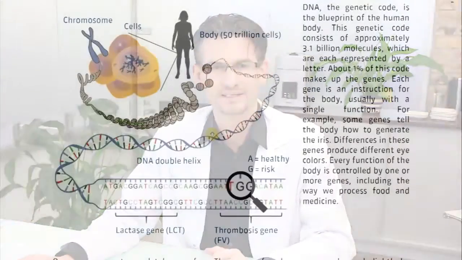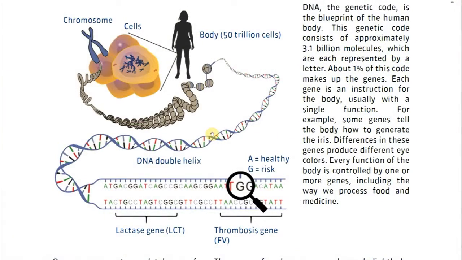The human body consists of around 50 trillion individual cells. And every one of those cells, with some minor exceptions, has a cell nucleus. And in the cell nucleus there are the human chromosomes, and these are these X shapes that you see here. If you take a closer look at a chromosome, you find that it is in fact a very tightly wound thread. And this thread is the DNA double helix.